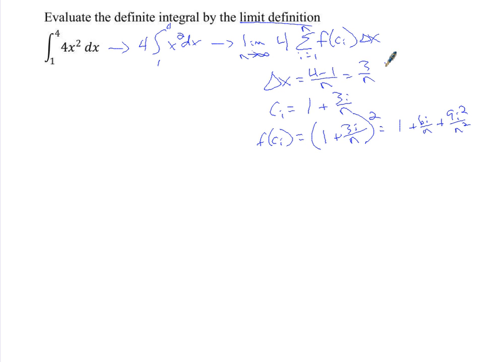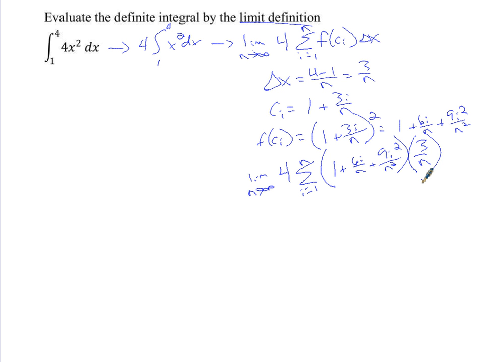So now we have the limit as n approaches infinity of 4 times the sum i equals 1 to n, we haven't done any converting yet, of 1 plus 6i over n plus 9i squared over n squared times 3 over n.